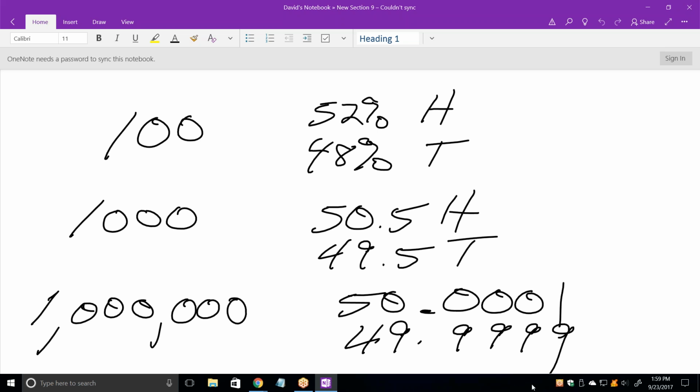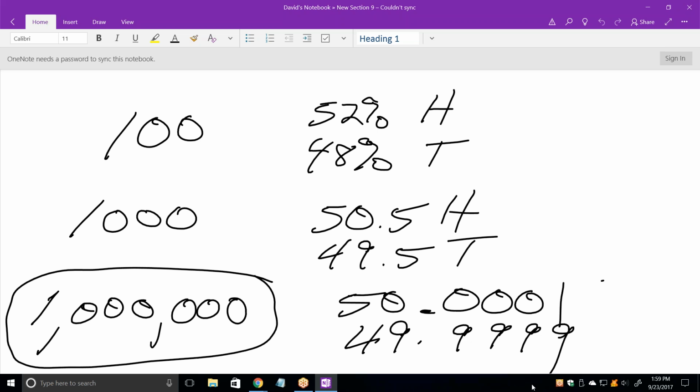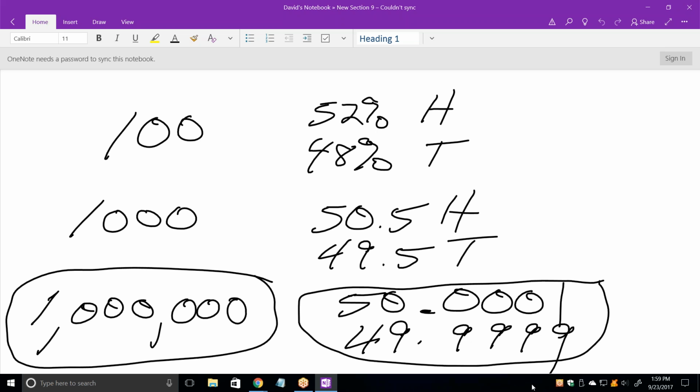In other words, what the law of large numbers says is that the greater your sampling universe, the closer it's going to come to its true theoretical probability, which is 50-50. And the smaller your sampling universe, you can get results that are significantly away from that. If I flip it 10 times, I might get 70% heads and 30% tails.